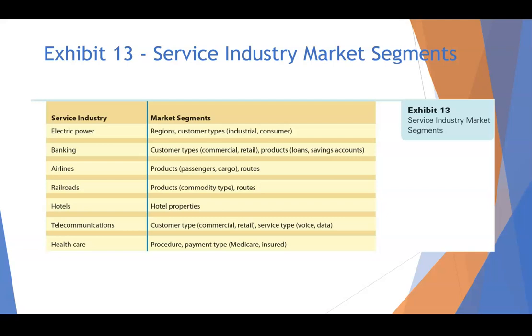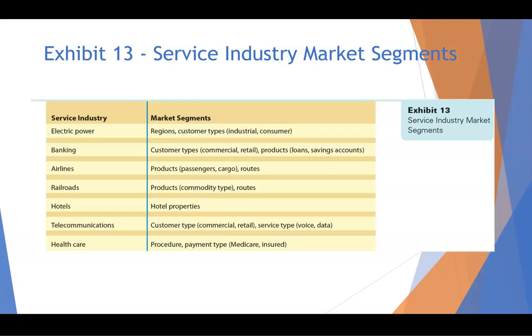Here we see various service industries, various segments. Electric power, we could look at regions or customer types. Banking, customer types or products. Airlines could be products or routes. Railroads could be products or routes.